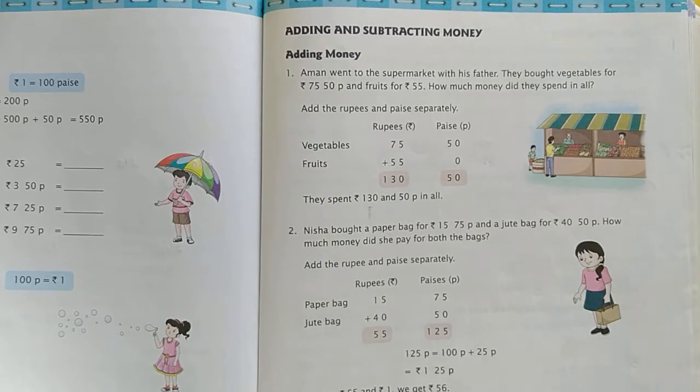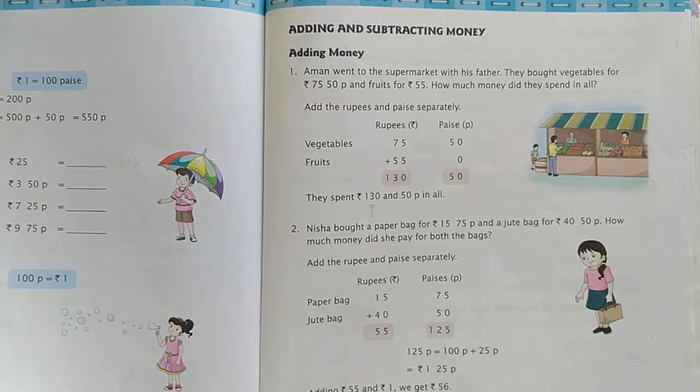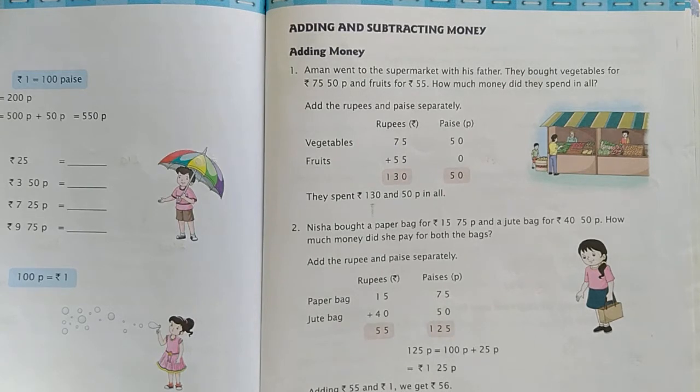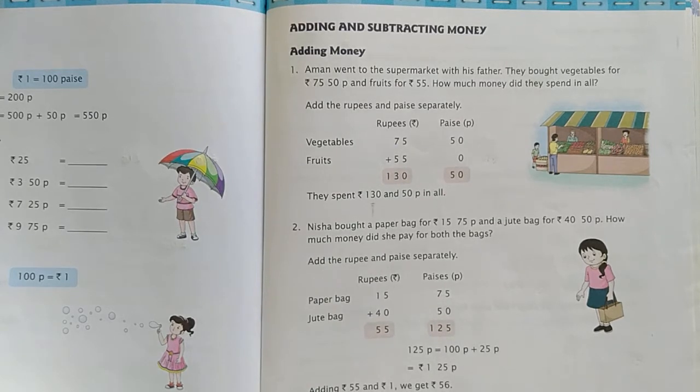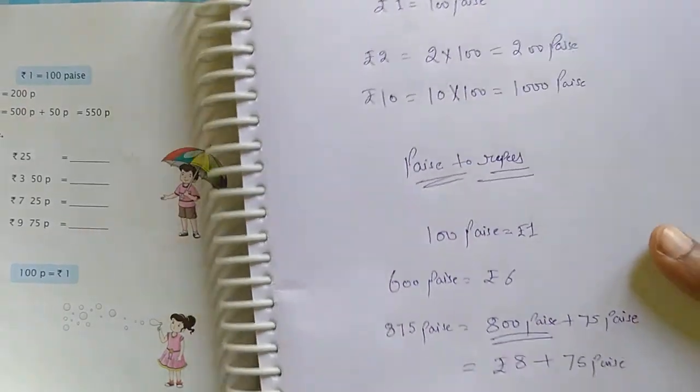Next is adding and subtracting money. So first question is, Aman went to a supermarket with his father. They bought vegetables for rupees 75.50 paise and fruits for rupees 55. Now how much money did they spend in all? So for the addition, add the rupees and paise separately.